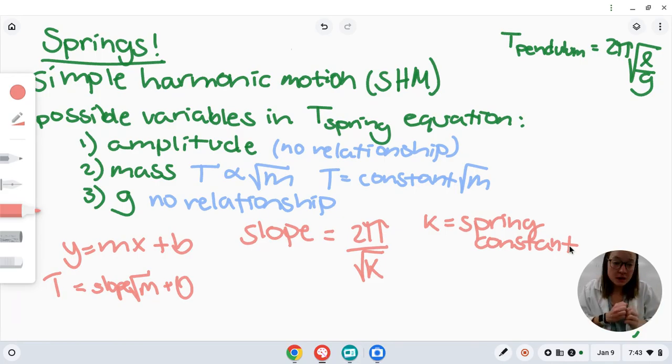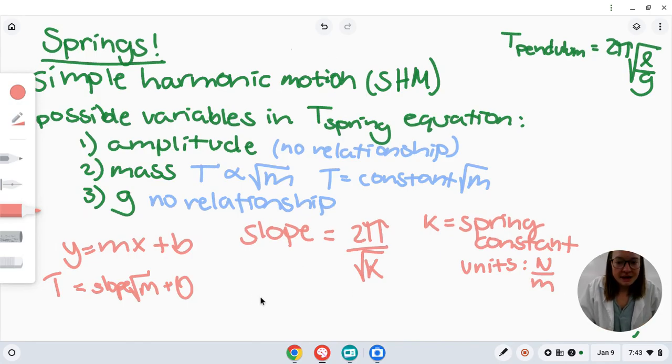By the way, this is a definition that should be being written down right now in case you didn't get those vibes. It's the amount of force that you need to stretch a spring, a specific spring, by a distance of 1 meter. The units of the spring constant are newtons per meter, because it's how much force you need to stretch a spring by 1 meter. Pretty sensible units there, yeah?